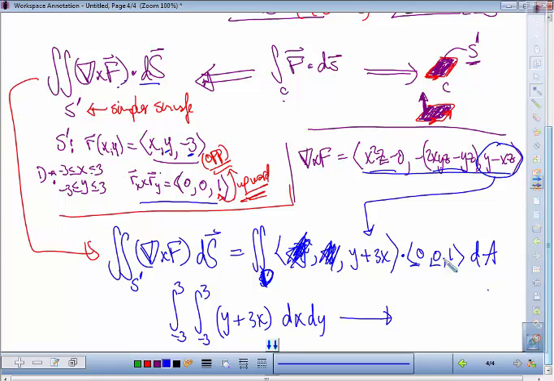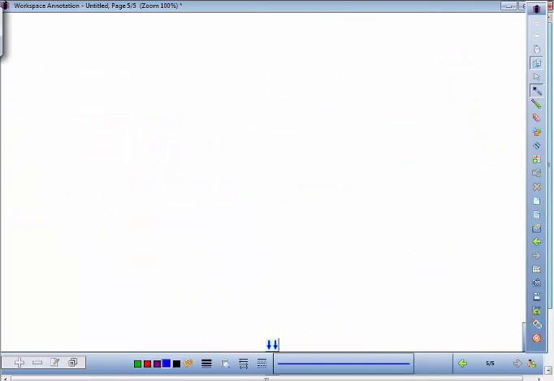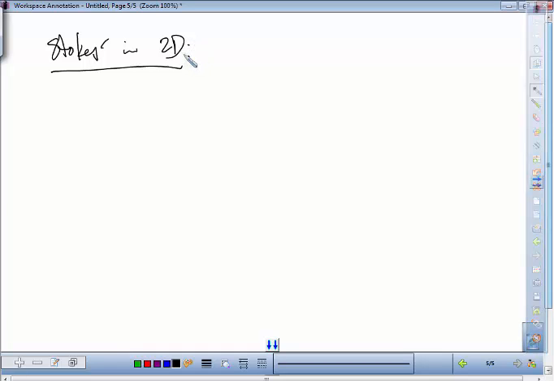Now I want to do one more thing with Stokes' theorem, and that is to go to 2 dimensions. Guess what's going to happen in 2 dimensions? Stuff. All right, let's take a look at it.